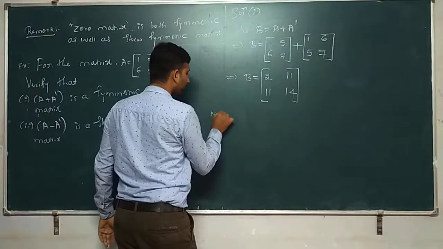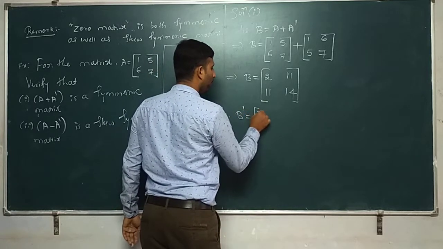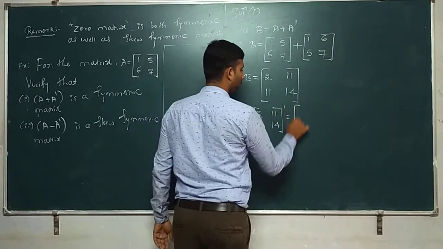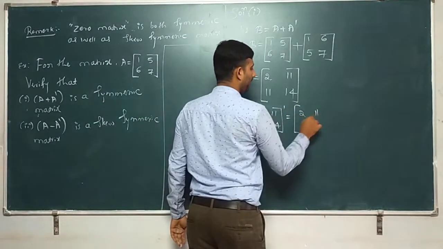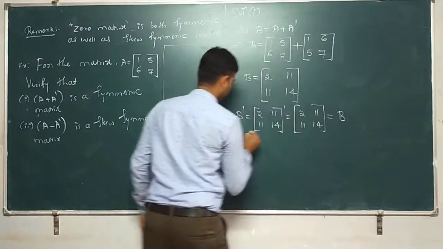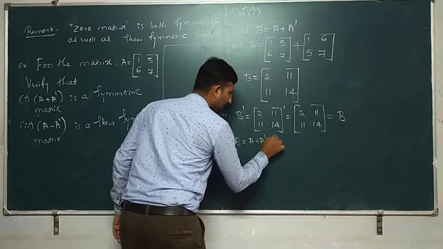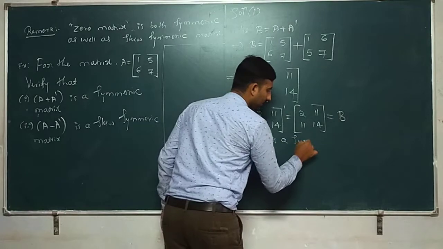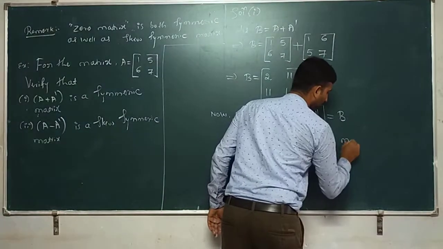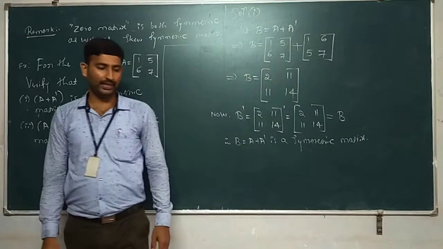Now B dash is equal to [2 11; 11 14] dash, which is equal to [2 11; 11 14], that is equal to B. Therefore B is equal to A plus A dash is a symmetric matrix.